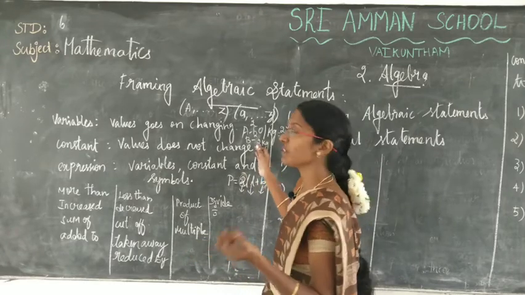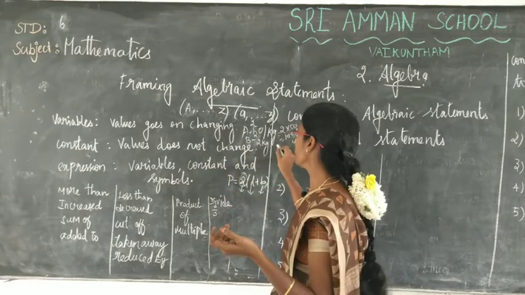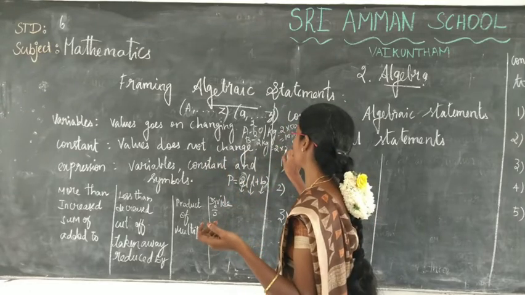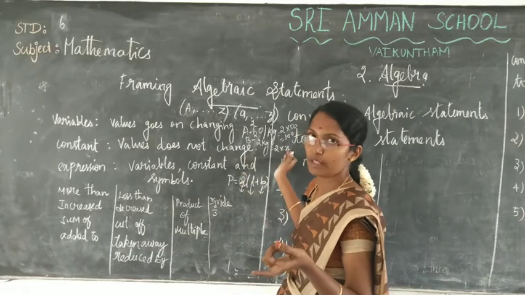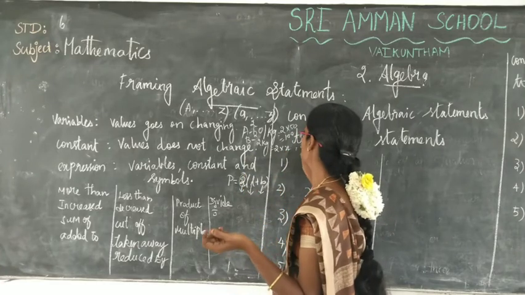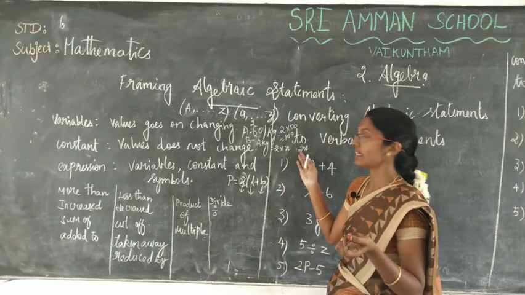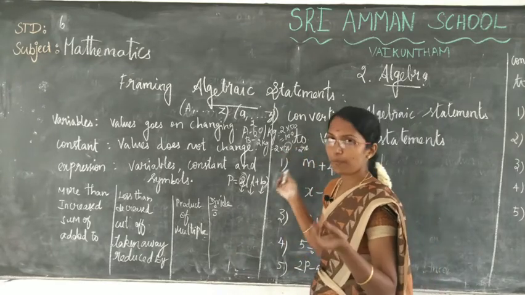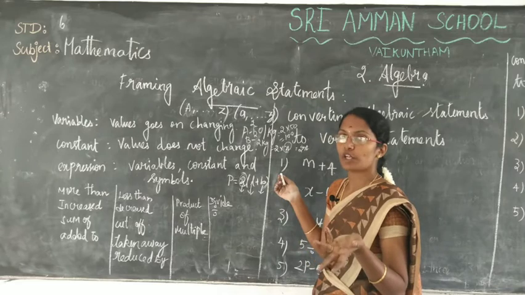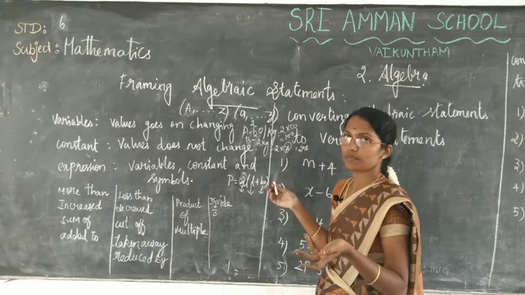For banana, she doesn't know the price, so we can take the price as x, the unknown value. So 2 kg is 2x. This x may be any price, 10 rupees, 20 rupees, 40 rupees, 50 rupees, any price.